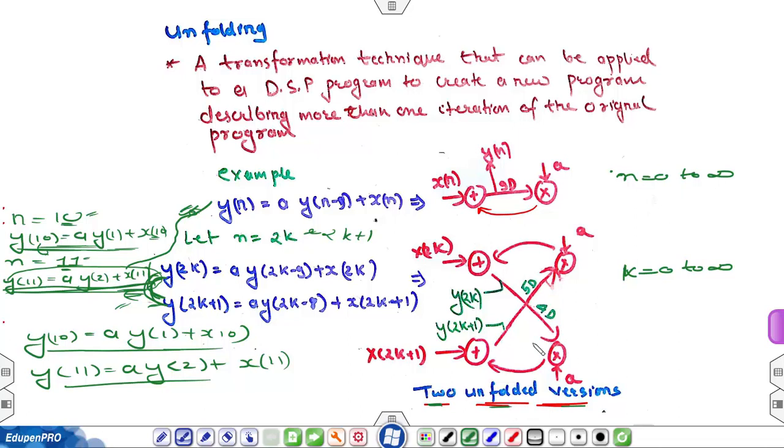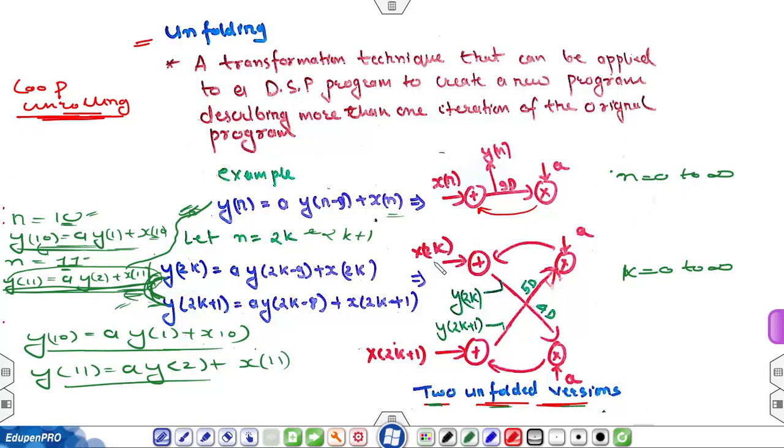So it's a two-unfolded version of this equation. There is another popular name for unfolding, that is called loop unrolling, and that is mostly used by software engineers.